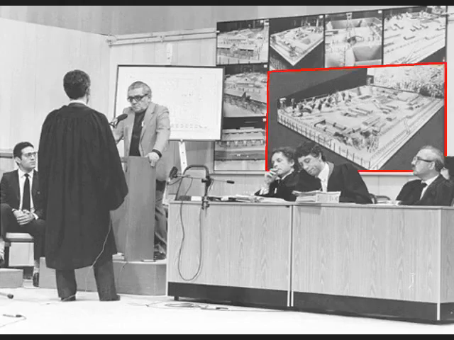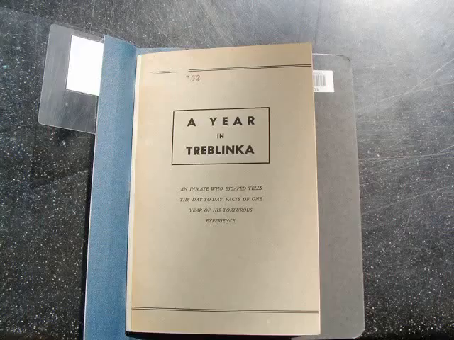The pictures on the back of the wall behind the three sitting judges are not photos of Treblinka. They are photos of a model of Treblinka made by Yankel Wernick, the guy that wrote this book. Watch the 1961 trial footage, keeping in mind what you know about the size of the individual gas chambers and what you know about diesel exhaust.